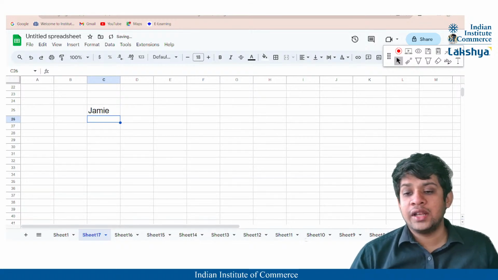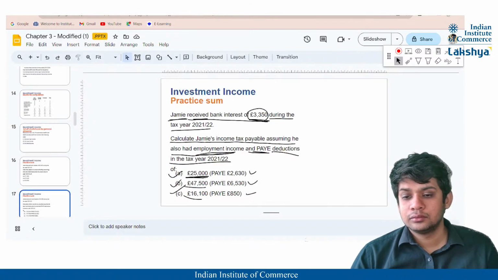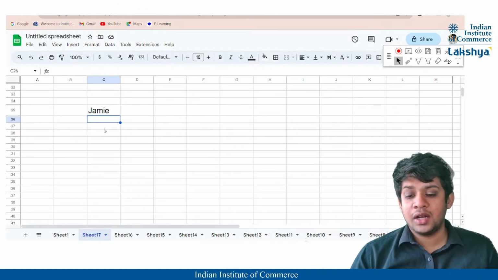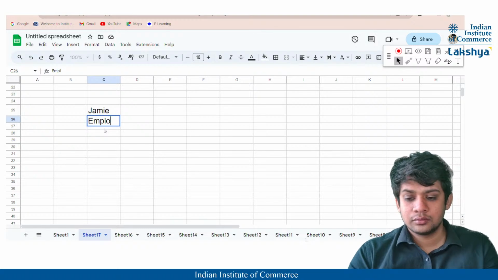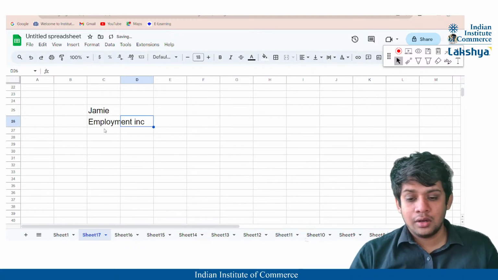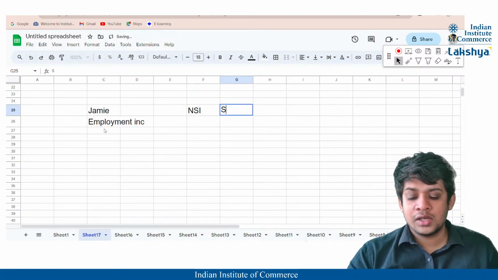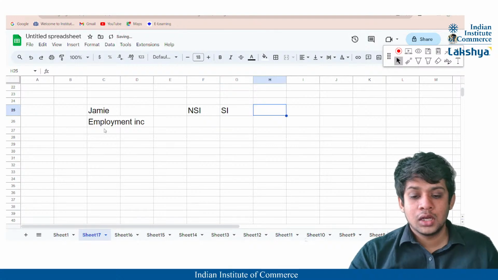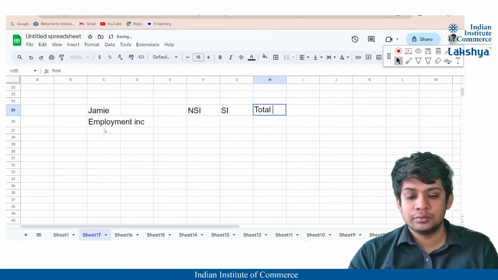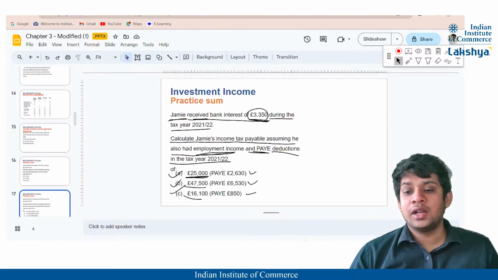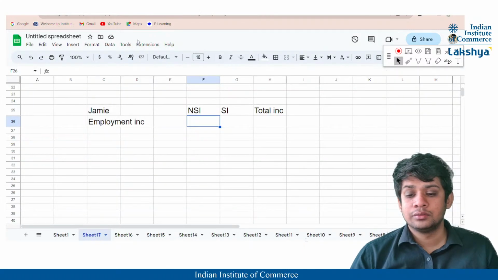So guys, firstly, for Jamie, he has an employment income. So I'll make a bar for his non-savings income, for his savings income, and the total income. So his income is how much, guys? 25,000 as per the first scenario.